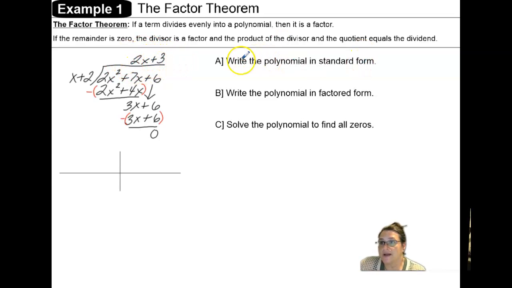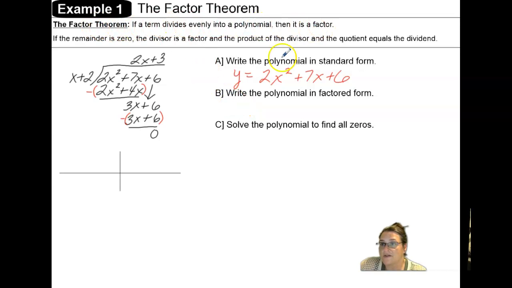So when I go to write the polynomial in standard form, the dividend, right, what's underneath of the division symbol, that is my original polynomial. So 2x squared plus 7x plus 6, that's the dividend. Okay, then I can factor that dividend by noticing that my divisor went evenly into the dividend with a remainder of 0.